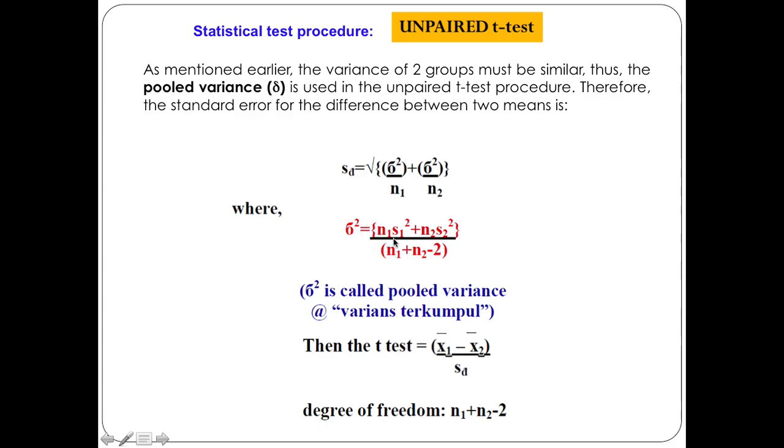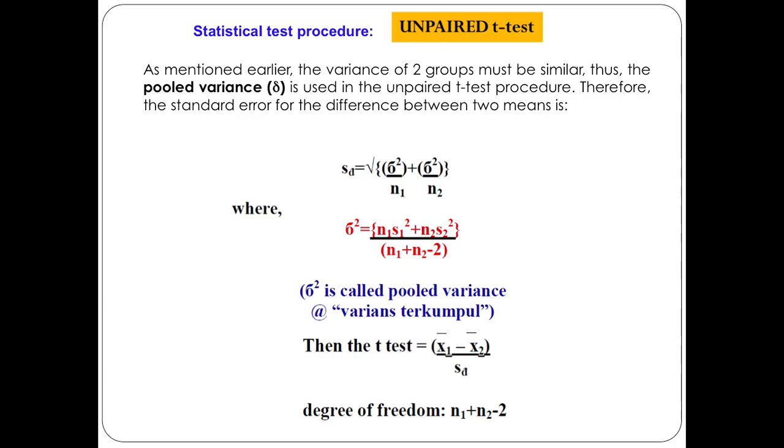What you need is the total samples in each of group 1 and group 2 of your sample, and this S is the sum of squares that you calculate in the table later on. We call this the pooled variance, and the rest of the calculation will be similar to the paired t-test.